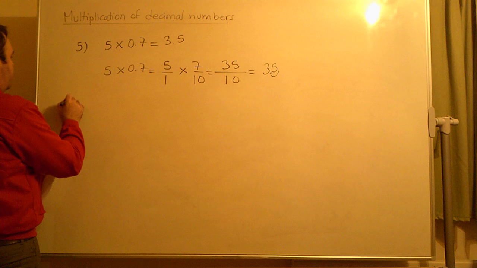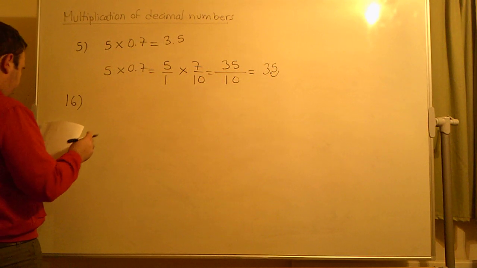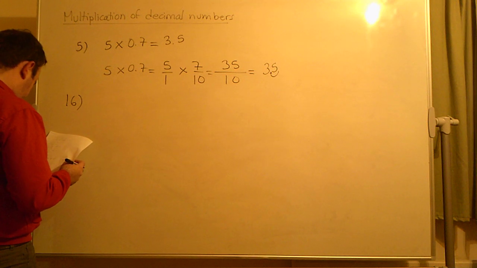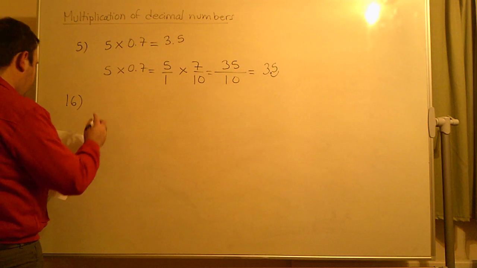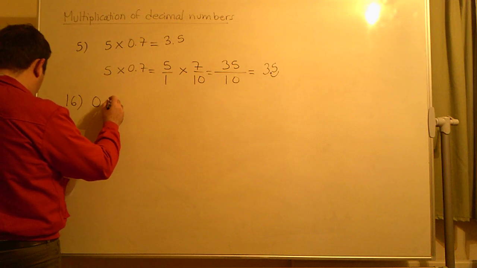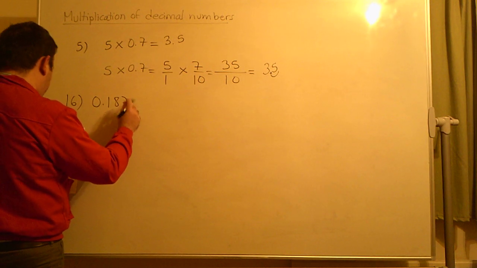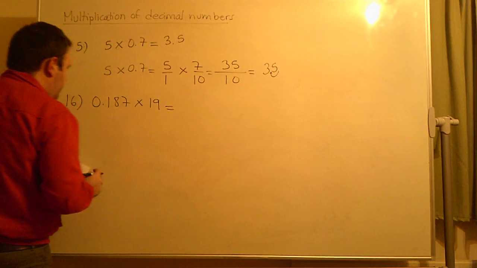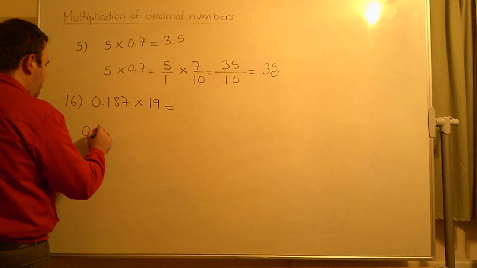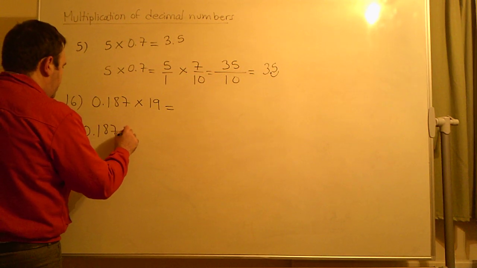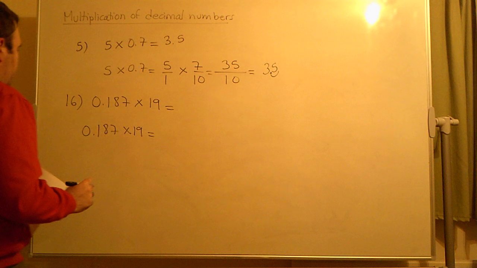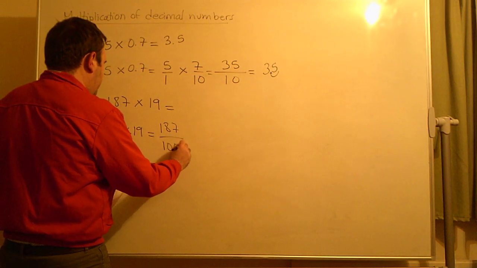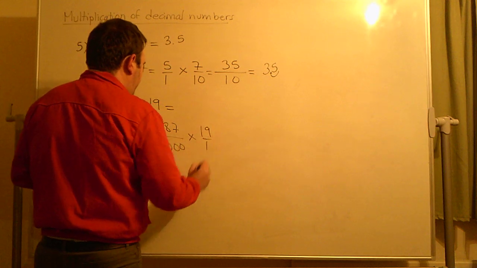Another example, we're going to skip up to example number 16, and then we would have 0.187 times 19. So we write it here, 0.187 times 19, and this will be 187 divided by 1000 times 19 divided by 1.